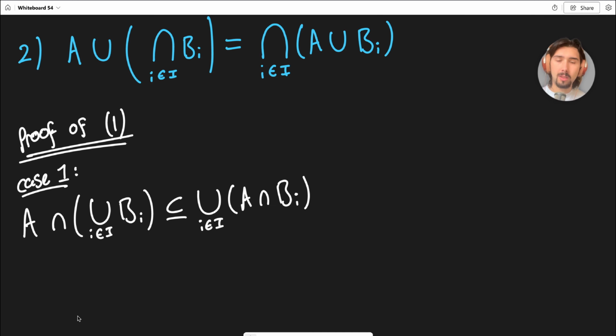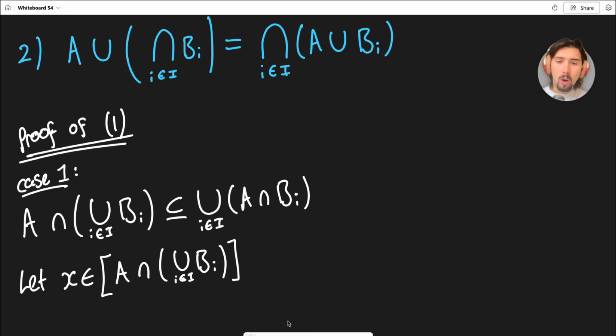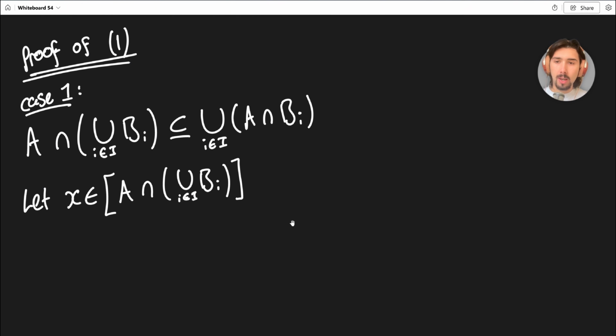Let's actually do it. Case one: we're going to go from left to right, showing that the left is a subset of the right. First, we let some element x be an element of the thing on the left. Now I need to show that x is also inside of the thing on the right. How are we going to do that?